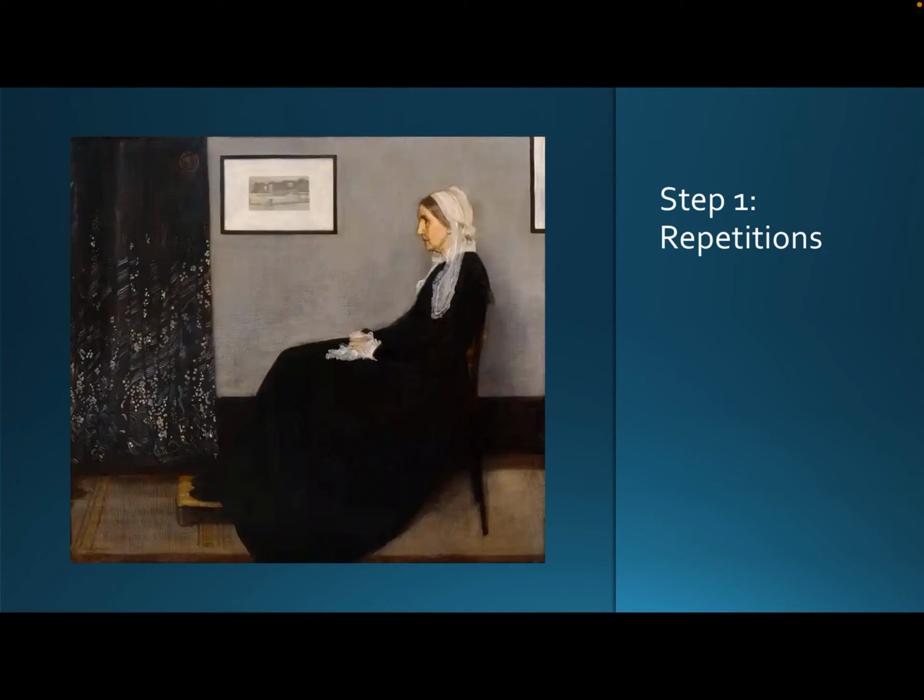So the first step we already did with Frankenstein. It's repetition, so you guys are pretty familiar with this. Again, in this photo, there's not a lot going on, so it's going to be harder to find repetition. So you're going to have to think pretty critically. Think about different things that they use to analyze paintings as far as texture and color and subject matter. All of that stuff can be something that you look at.